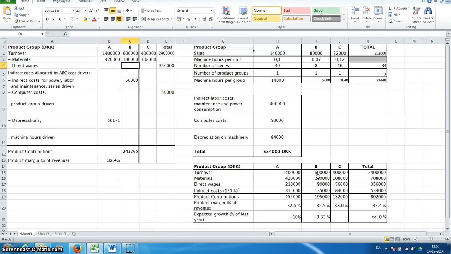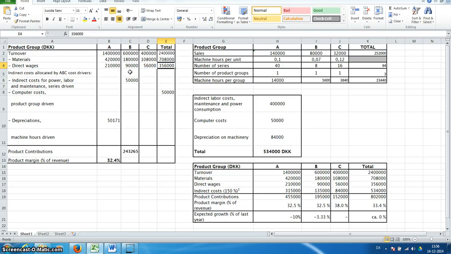That hasn't changed. Direct costs are direct costs. Direct wages, find them down here, and here. And we can again find the sum like that.